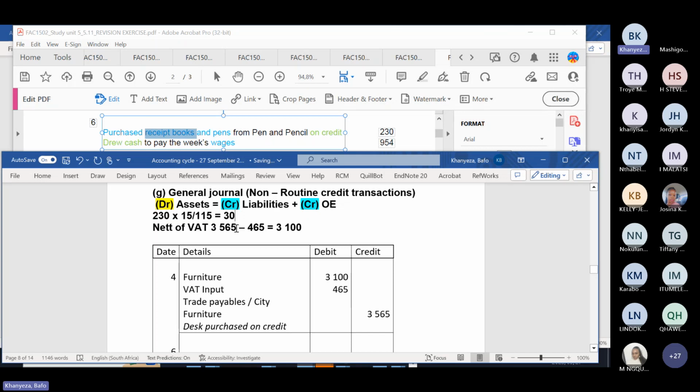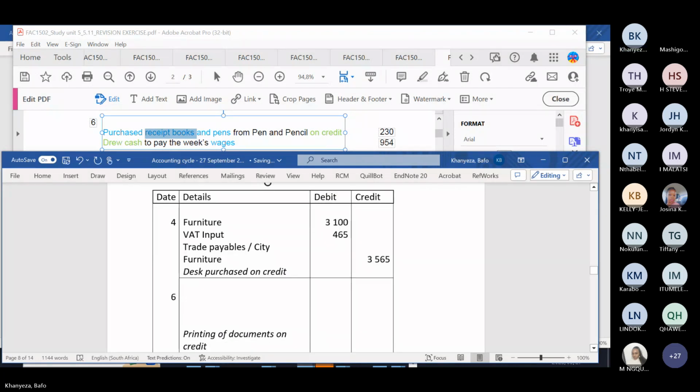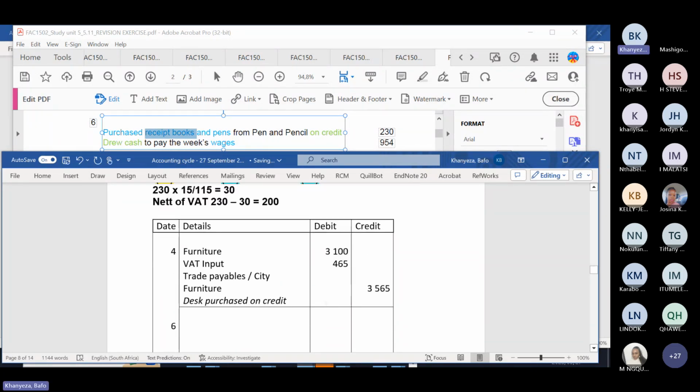Then the net of VAT, which another student said is VAT exclusive, depending on how you want to call it, is 230 minus 30, which is 200.